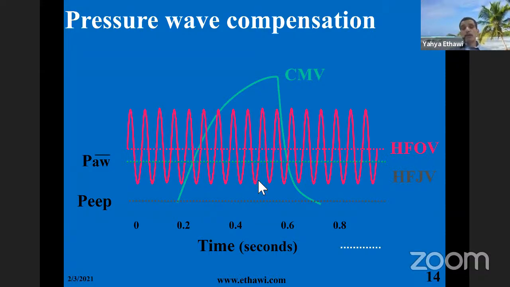We minimize the PEEP and also minimize the amplitude, and therefore we avoid hyper and hypoinflation. The jet, because it's only passive on one side, allows us to use a lower MAP and a lower tidal volume than the high frequency oscillator. The oscillator's mean airway pressure is about 1 to 2 centimeters above that of the high frequency jet.